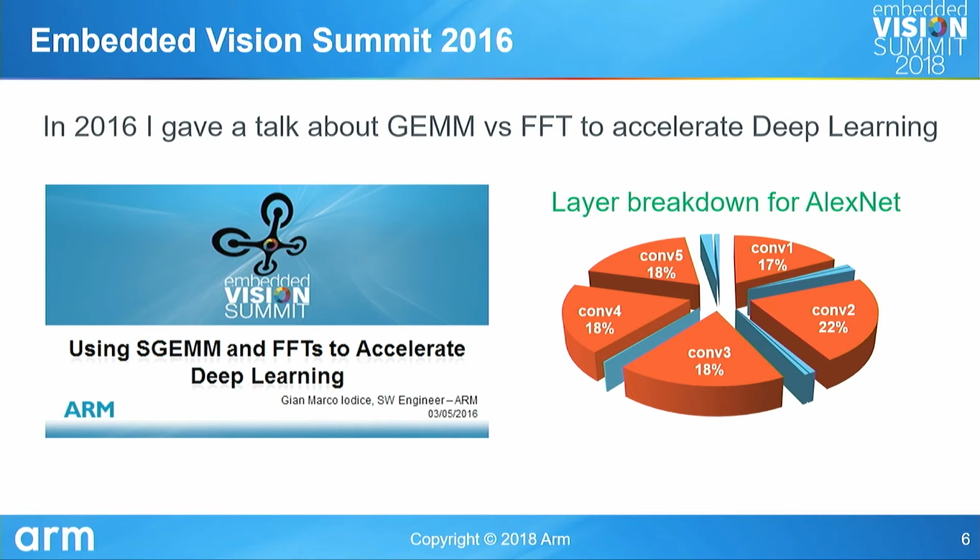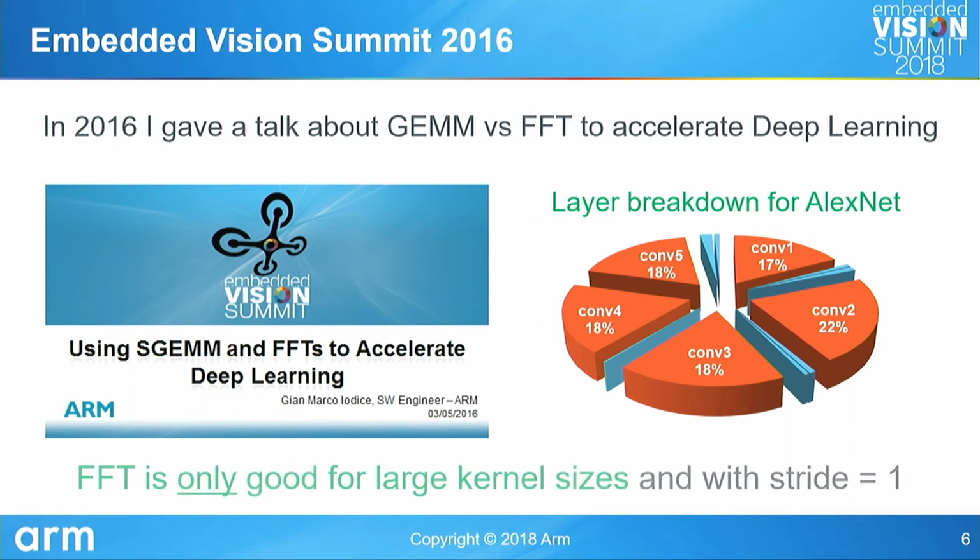The presentation essentially presented the advantages and also the drawbacks of both implementations. And at the end, we discovered that the fast Fourier transform approach is good, but it's only good for large kernel sizes and with stride equal to 1. And the stride means the distance between two consecutive kernel applications.